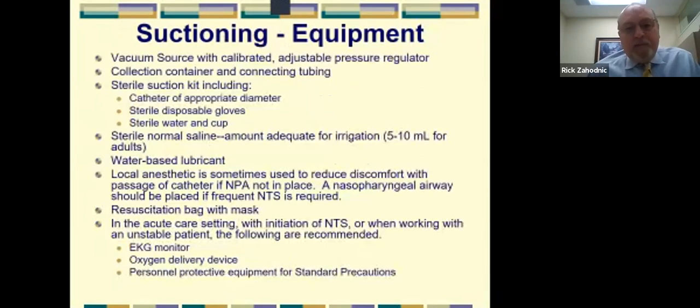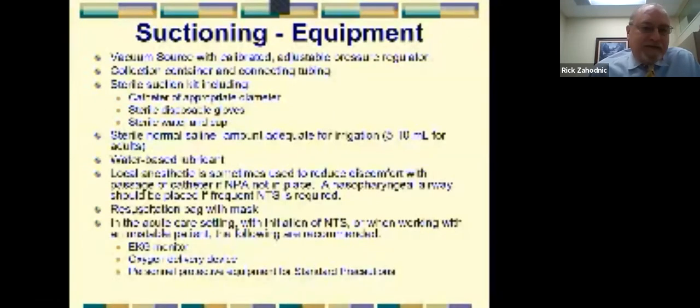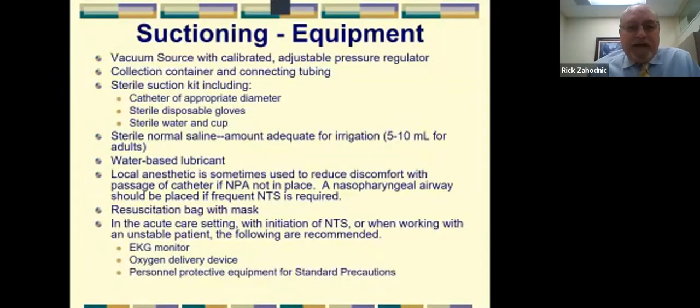Some of the equipment we need: a vacuum source that has an adjustable pressure regulator. We'll need a collection container and tubing. We'll need a sterile suction kit, which has a catheter of appropriate diameter, some sterile disposable gloves, and some sterile water and a little container to put the water into. Normal saline may be used for irrigation.